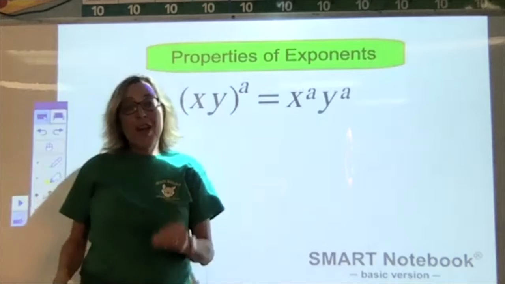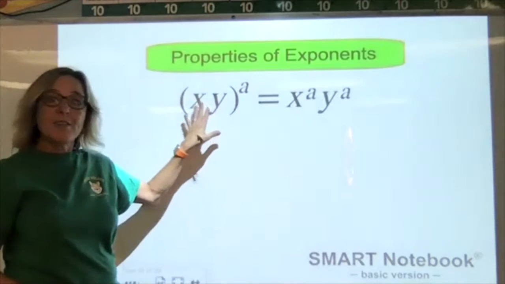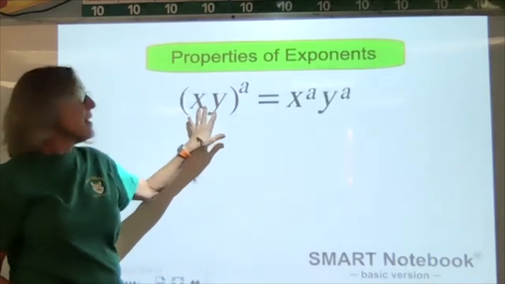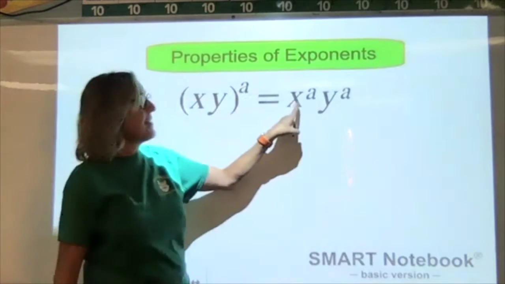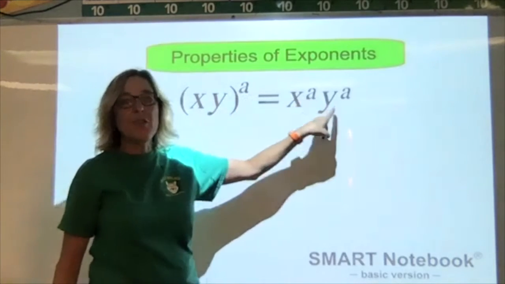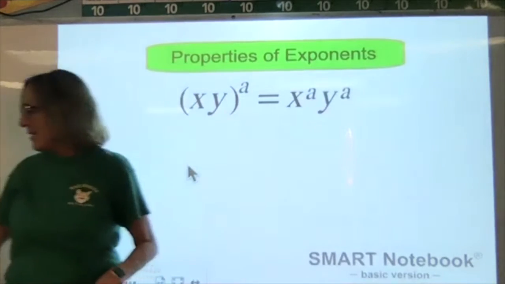This is the product property of exponents that says you could have a product, 2 factors, x and y, that are both being raised to a given power. And that's the same as applying that pattern to each factor. So it's the product property of exponents.